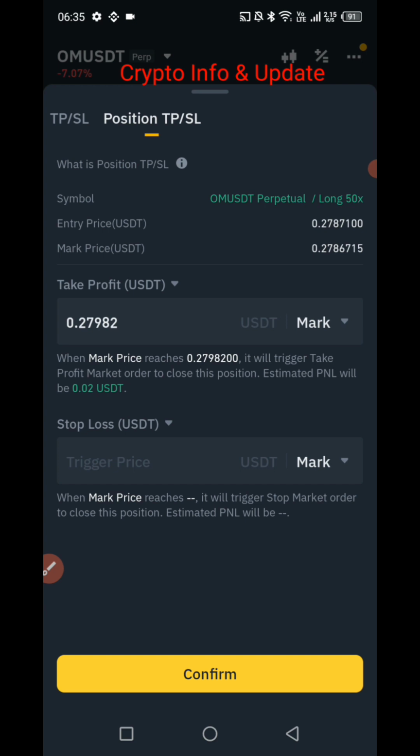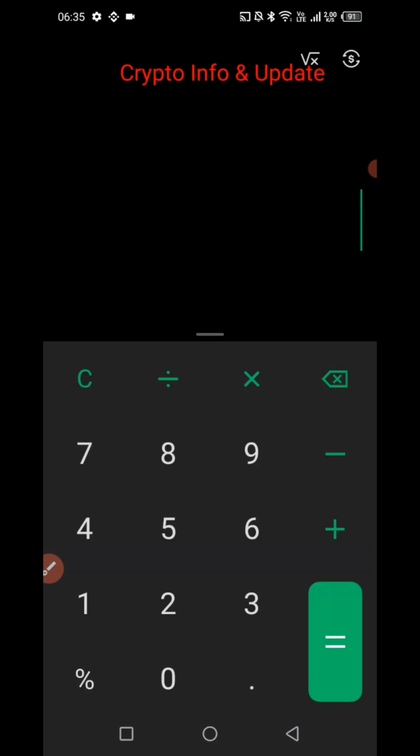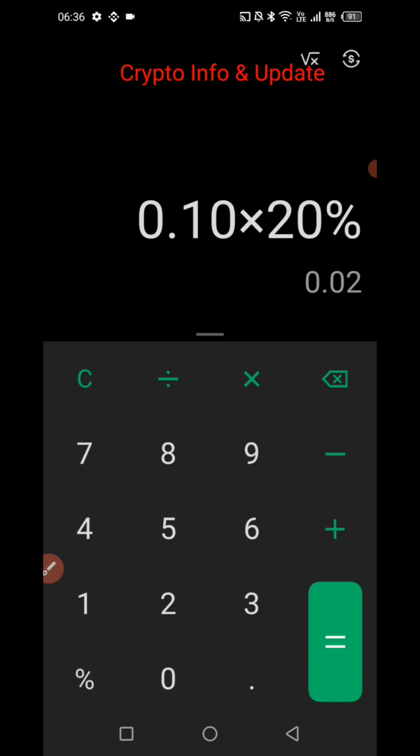Remember the capital is 0.10, which is 10 cents. So 20% of 0.10, let's do the calculation. The capital I'm using for that very trade is 0.10, right? Now I want to make 20% of my capital, times 20% gives you 0.02, right? 0.02 USDT as my profit.